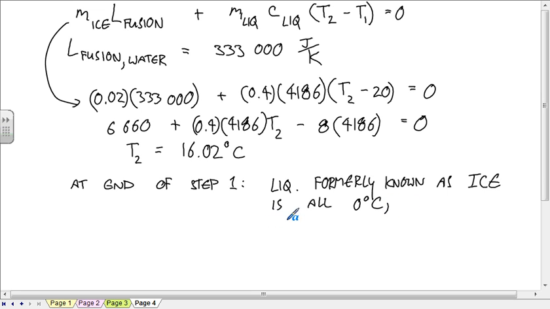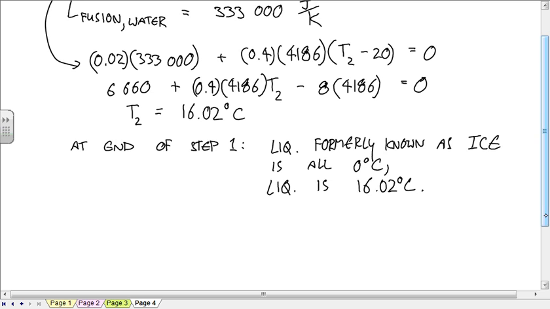And the liquid is at 16.02 degrees Celsius. Okay, well now they're all liquid. But we have to keep track of, we're going to think of it as a pocket that started out as the ice and a pocket that started out as the liquid.